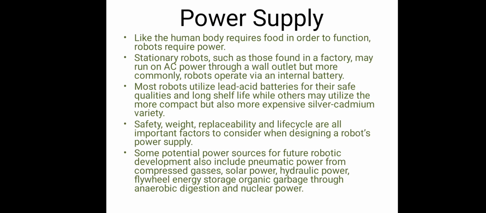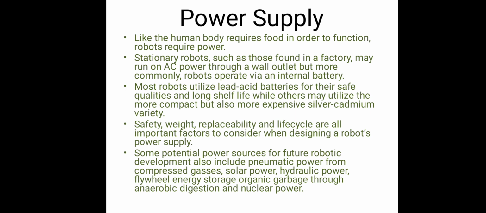Fourth is the power supply. Like the human body requires food in order to function, robots also require power. Stationary robots such as those in a factory may run on AC power through a wall outlet, but more commonly robots operate through an internal battery. Most robots utilize lead acid batteries.